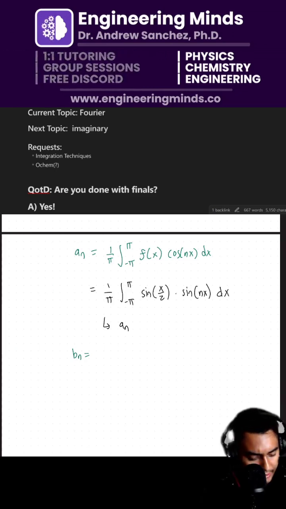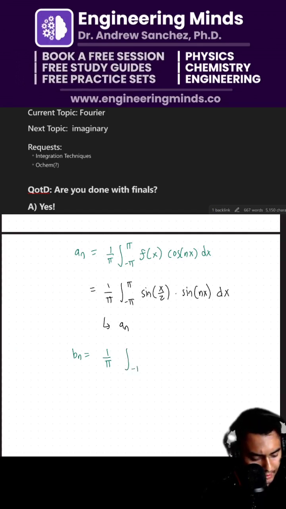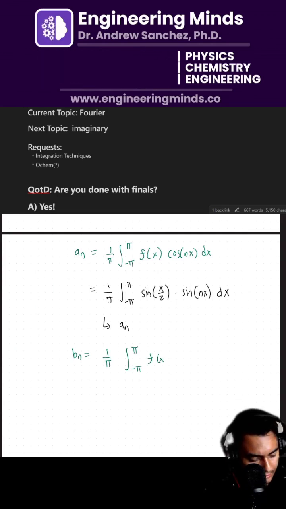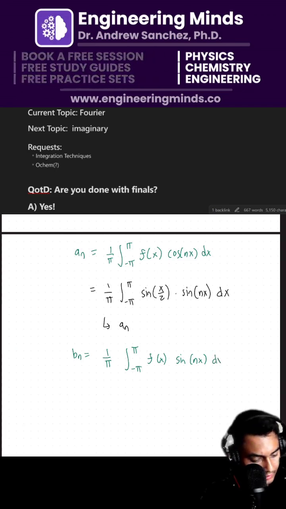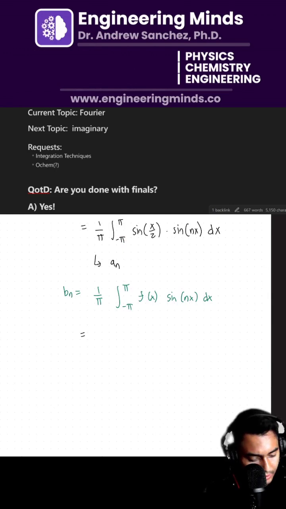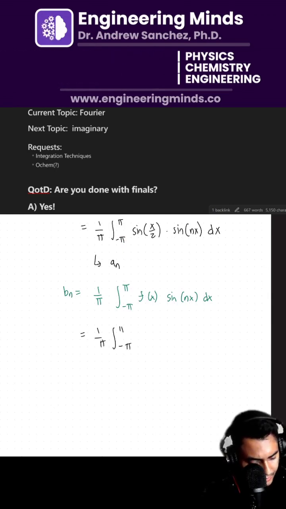Okay, and then we're going to have 1 over pi times the integral from -pi to pi of f of x times sine of n times x dx. All right, so we'll be plugging that guy in, -pi to pi.